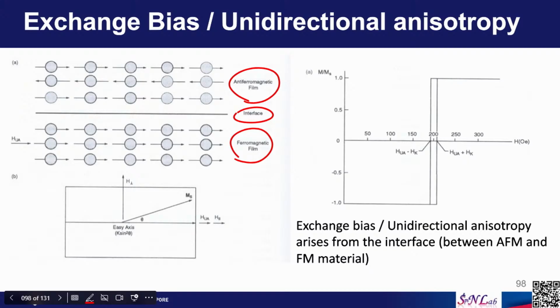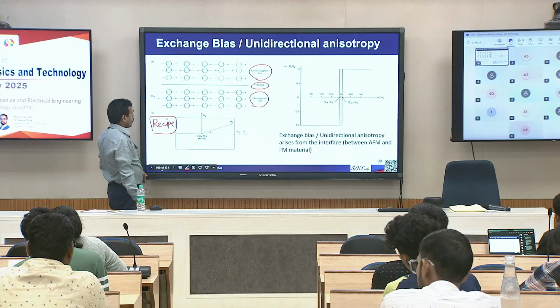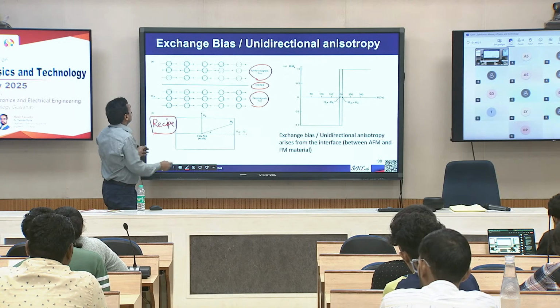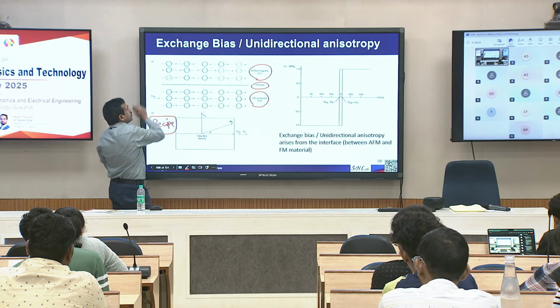Okay, you do some process. There is some recipe which I will give you another time. There is some recipe you need to follow, and you make this kind of film. After doing this recipe, you have the spin structures as shown in this picture.